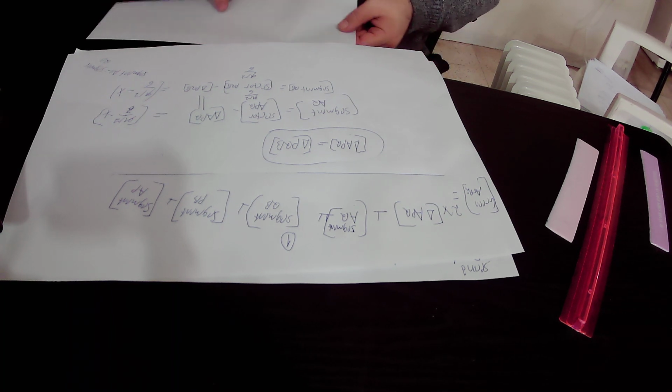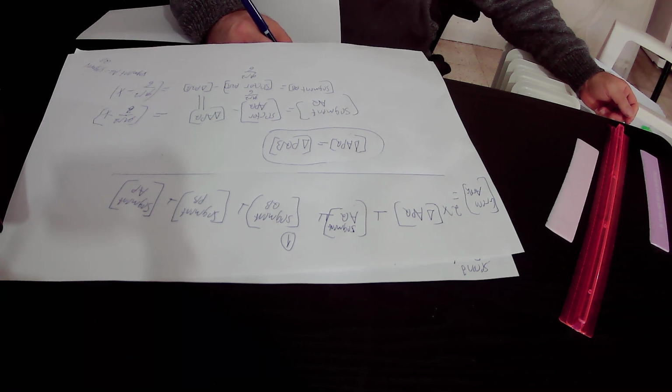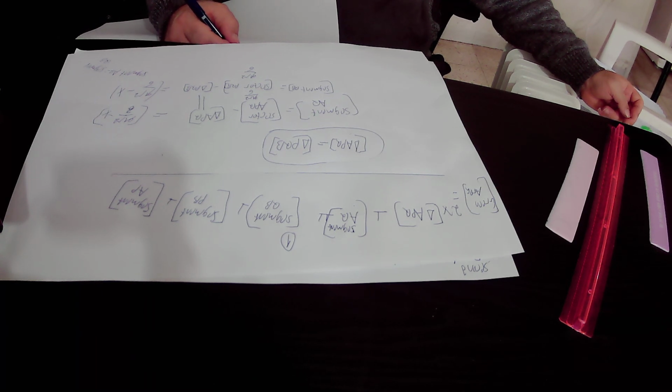So I'll write it down. So the green area will be equal to 2 times the area of triangle APQ plus 4 times the area of segment AQ.